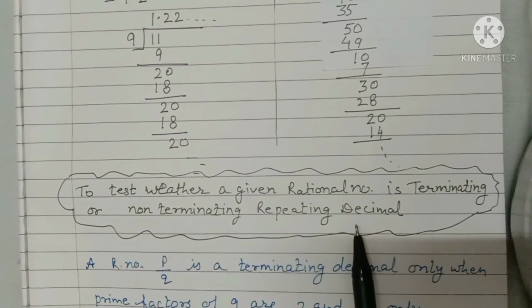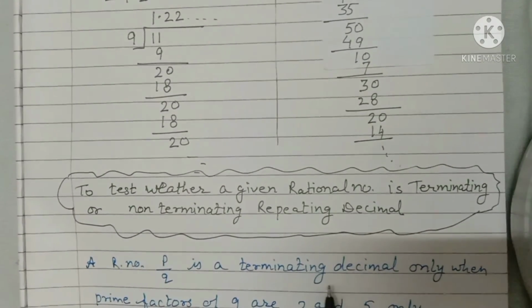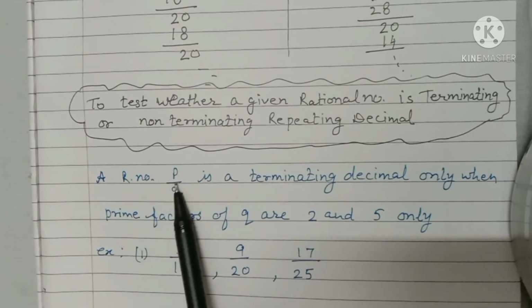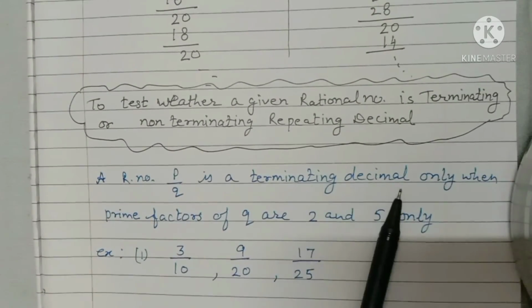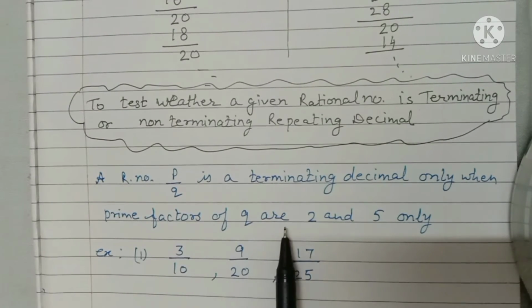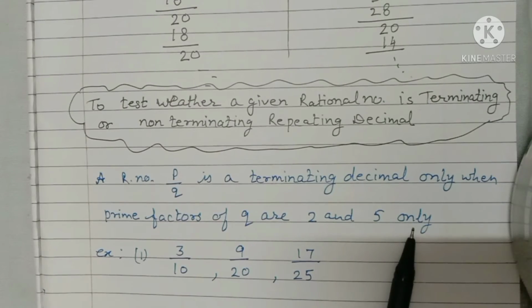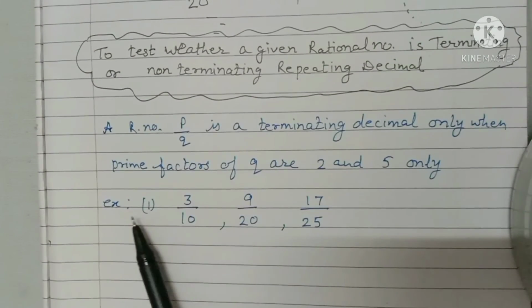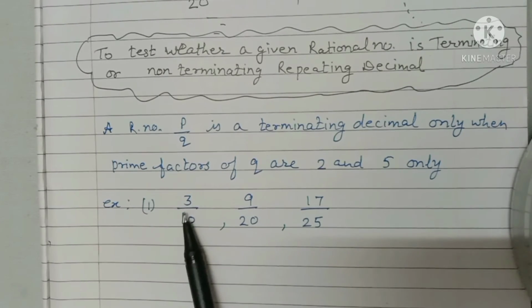We will find a method which we are using here. A rational number p upon q is a terminating decimal only when the prime factors of q are 2 and 5 only. So what will we do here? We will take an example.